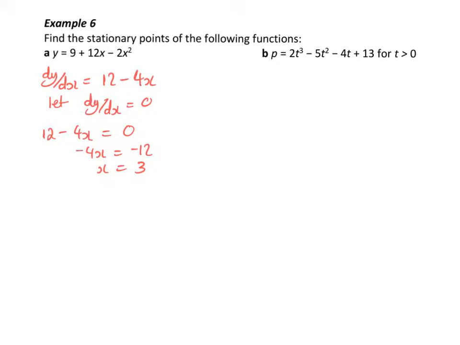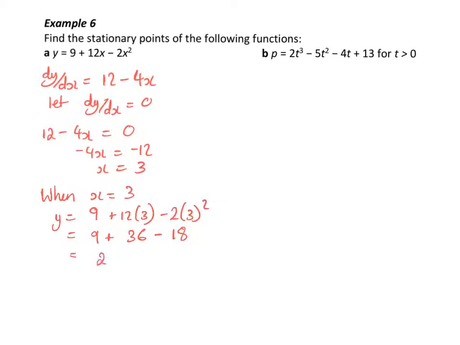And of course we want the point or the coordinate, so when x is equal to 3, y is equal to 9 plus 12 times 3 minus 2 times 3 squared, which gives us 9 plus 36 minus 3 squared is 9 times 2 is 18, and we get 27.